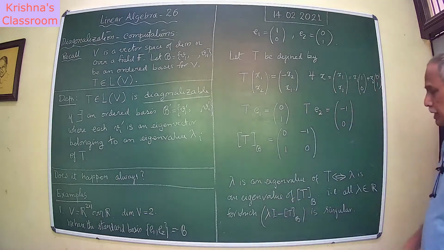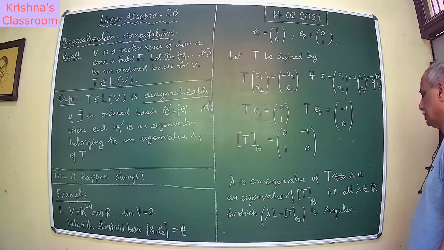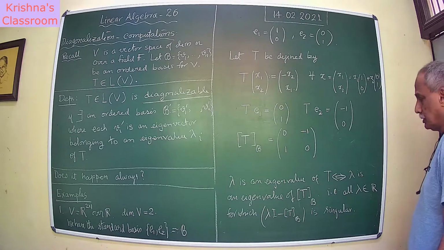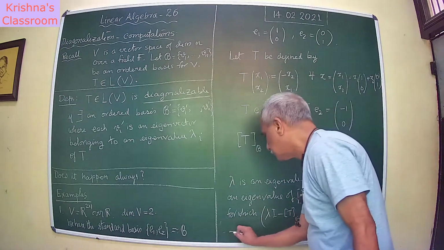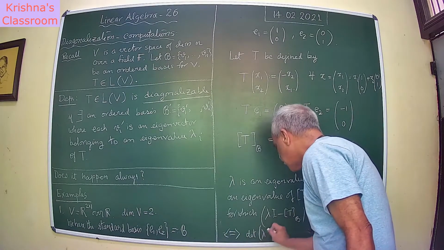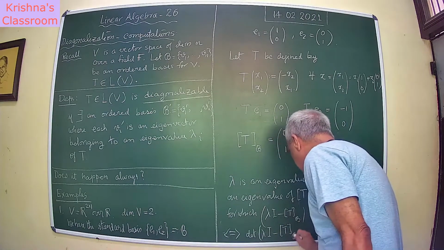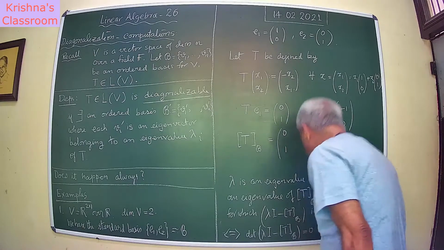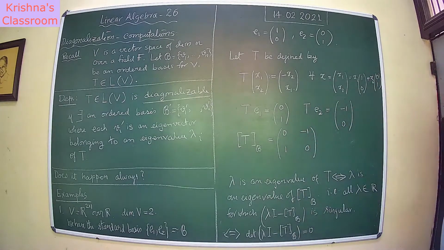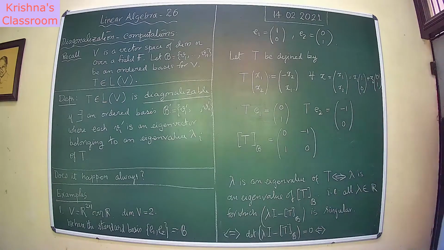And this, you know, is equivalent to the condition that the determinant of lambda I minus T equal to 0. What is lambda I minus T?